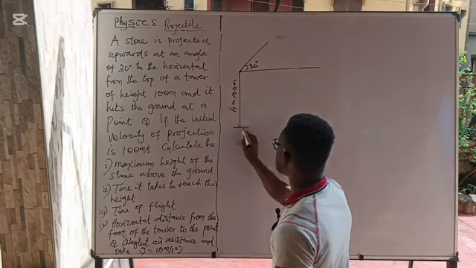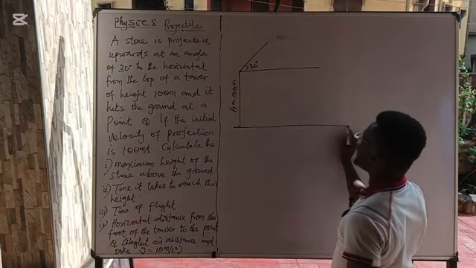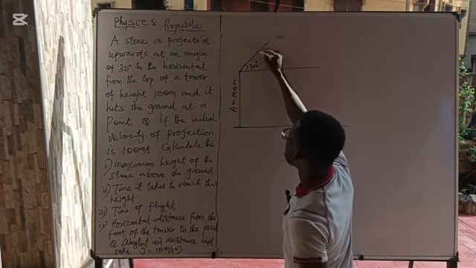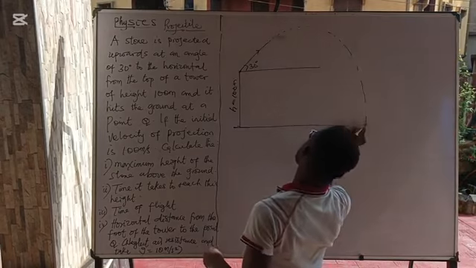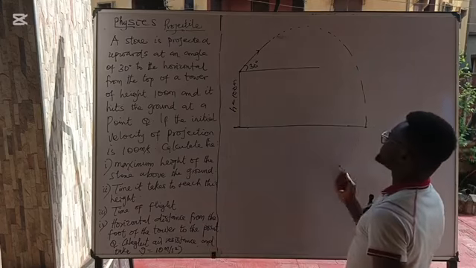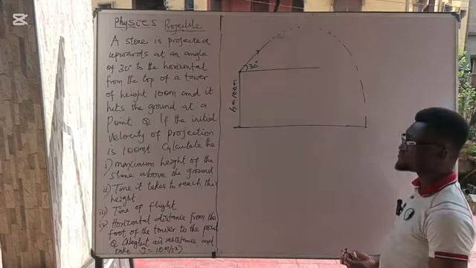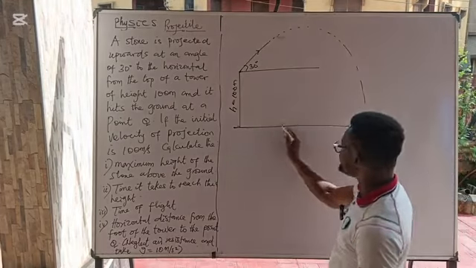Now this tower is laid on a ground. So when this body is projected, it follows this parabolic path and returns to the horizontal level. So this is the ground itself.